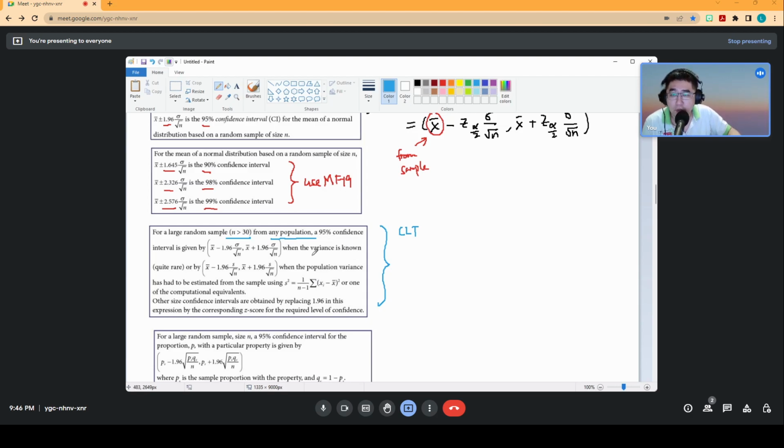If the variance is given, then we use sigma here. If it is not given, or has to be estimated, then you have to use S. This is actually from CLT.